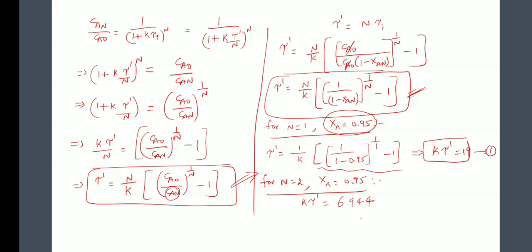Similarly, for n is equal to 3, in the sense there are three CSTRs in series, then k into tau dash value is 5.14.